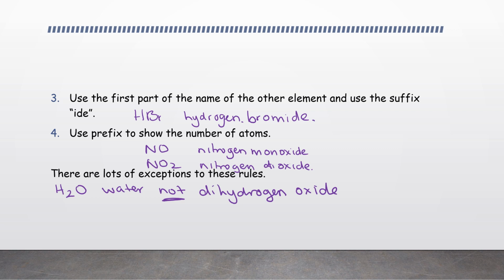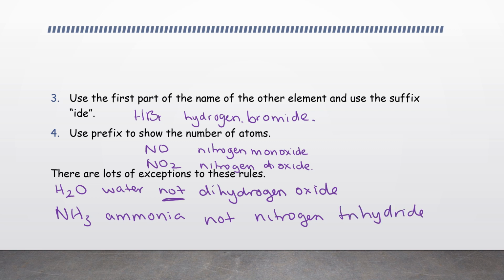This is called ammonia, not nitrogen trihydride. Although if you follow the naming system, it would be trihydrogen nitride. And it's definitely not any of those, we just call it ammonia.